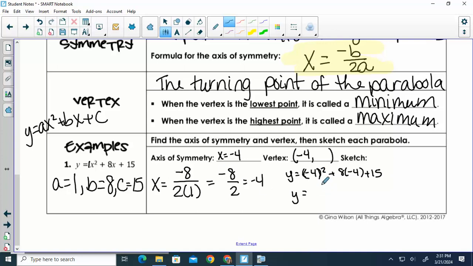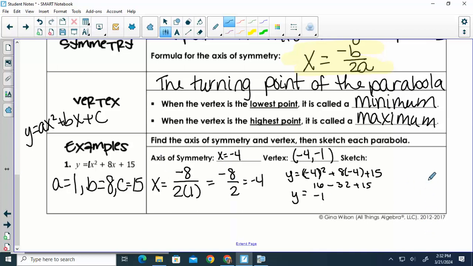So we have -4 to the second is 16. 8 times -4 is -32 plus 15. You're welcome to just put it all in. We get -1. So my vertex is -4, -1.